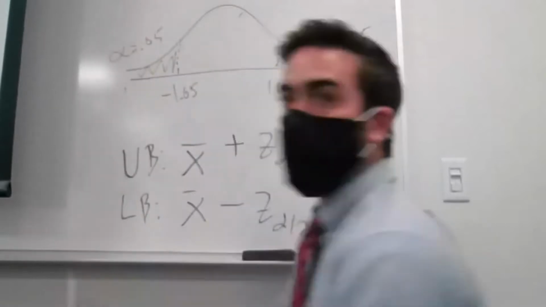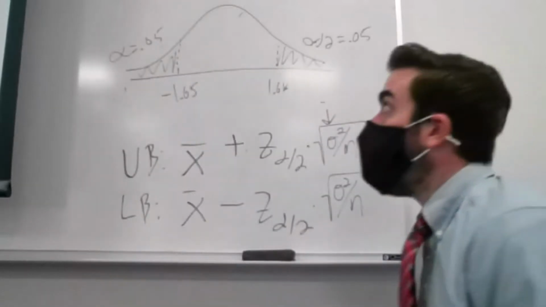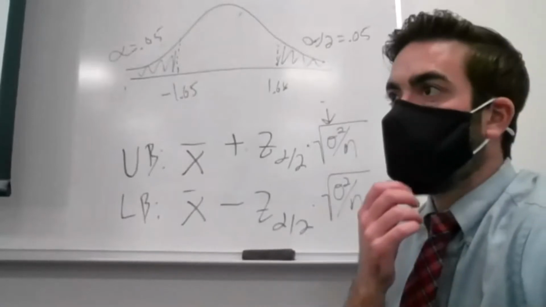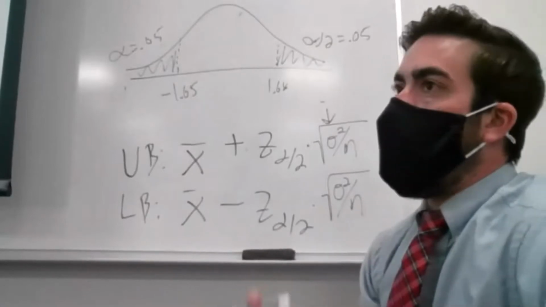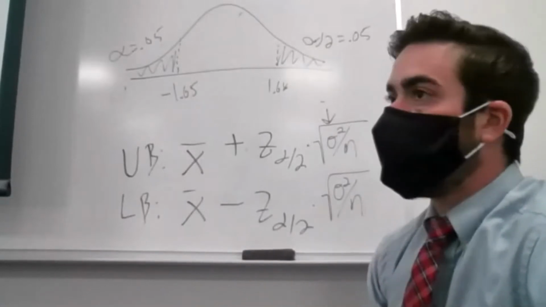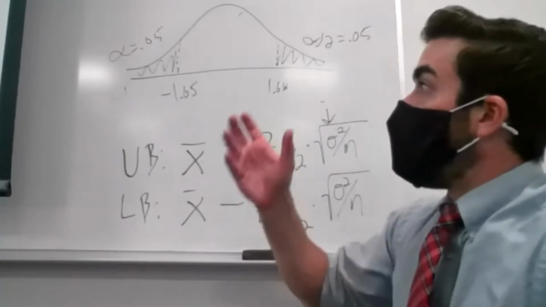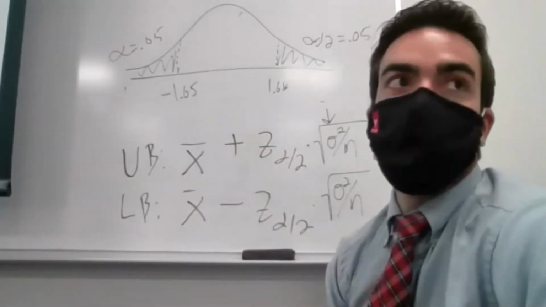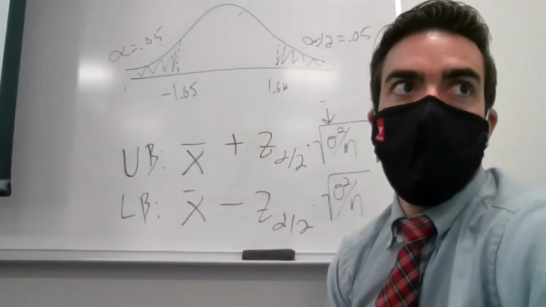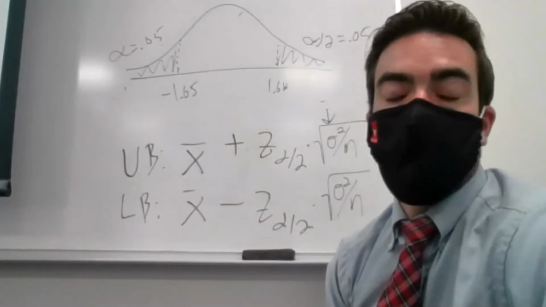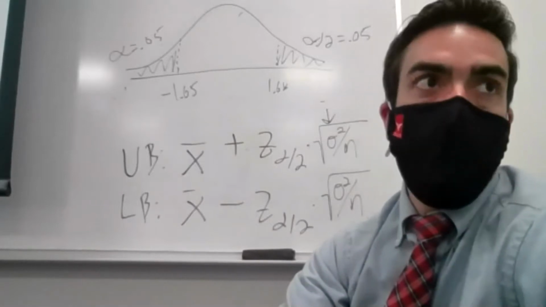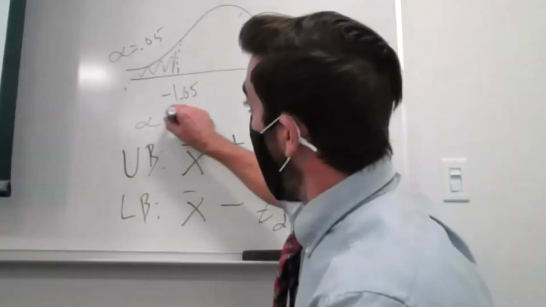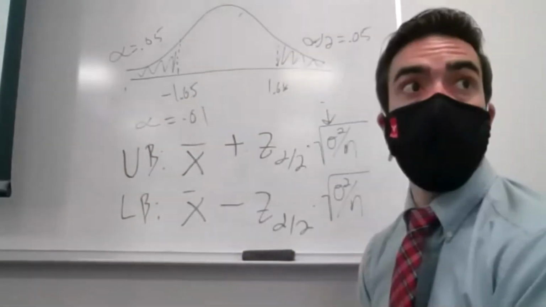Okay? If I want to go to a higher level of confidence, what's going to happen? So going from say 90 to 99, what's alpha going to be at the 99% confidence level? Well, what percent's outside of that? 1%, in decimal form an alpha of 0.01.